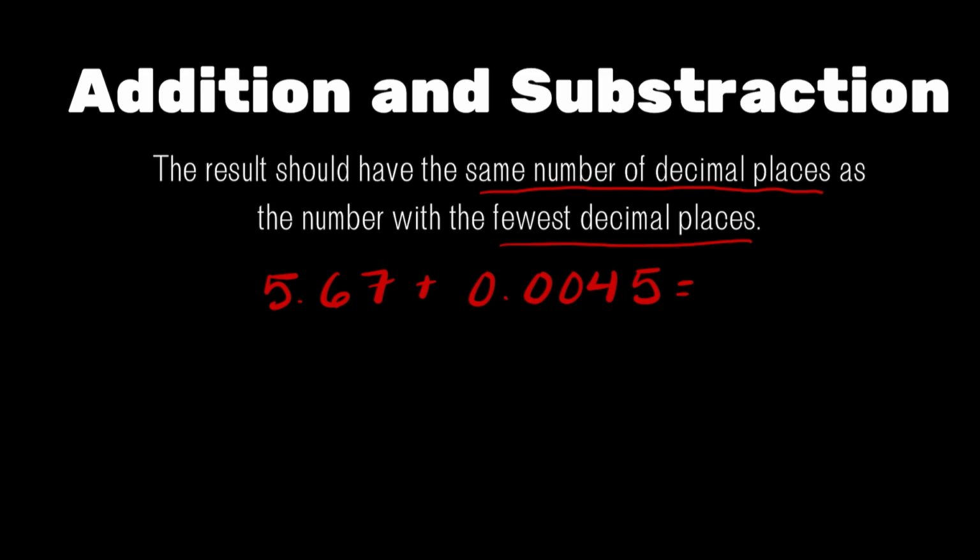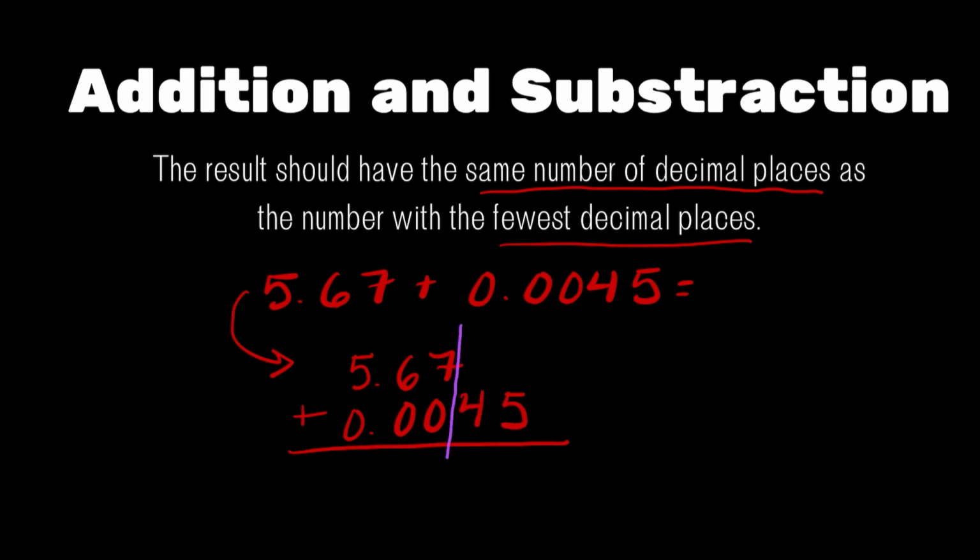When I'm working with addition and subtraction, I find it easier to line up the decimal places. I like to write it out like this instead. And so here, I know that I need to include 2 decimal places in my answer.